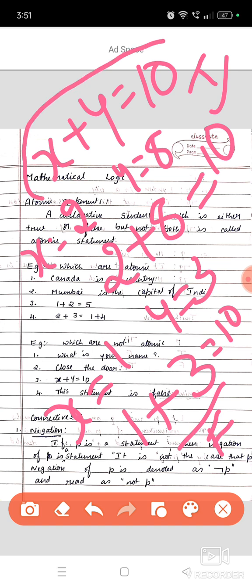So the sentence x plus y equal to 10 has two truth values. For different values of x and y, we get different truth values. Therefore, the sentence is not atomic.